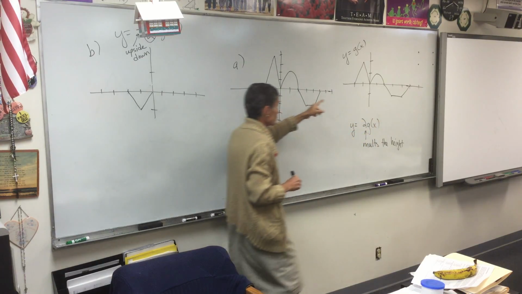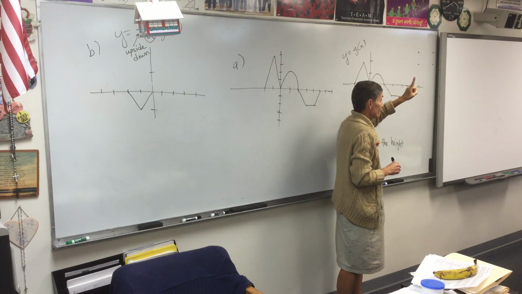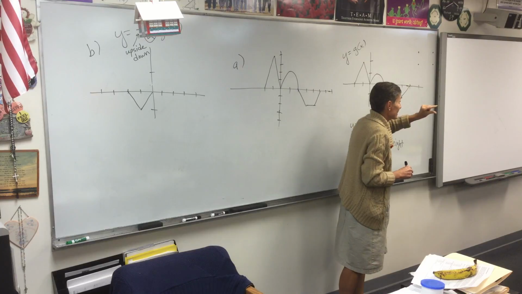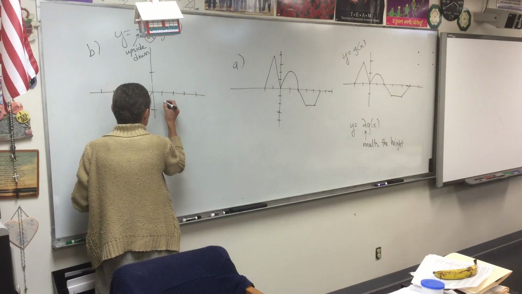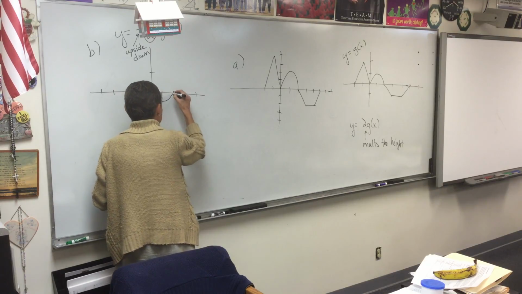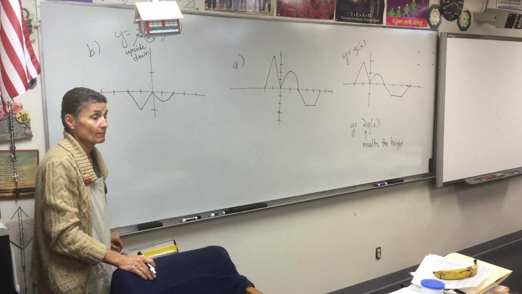How tall is he originally, kids? Look at your picture on your paper. He's originally 1. Now he's going to be half that. So he's going to be only 1/2 and upside down. So he's going to look like this.